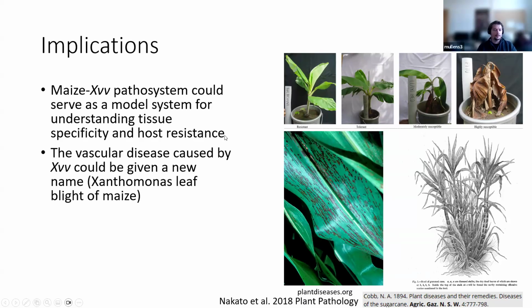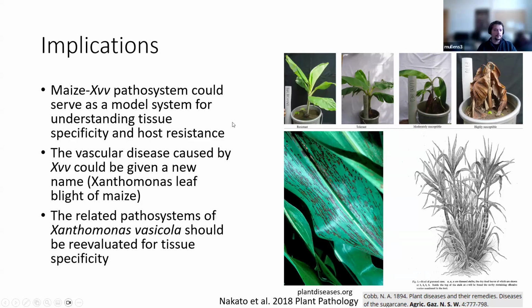So understanding how XVV colonizes maize and the genes underlying resistance could help with some of these other pathosystems as well. And also just knowing that it exhibits a different disease, a leaf blight-like disease, similar to what we see in rice, could be important for breeding for resistance and identifying it in the field.